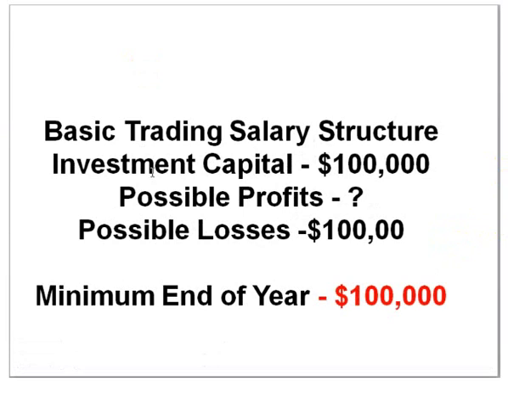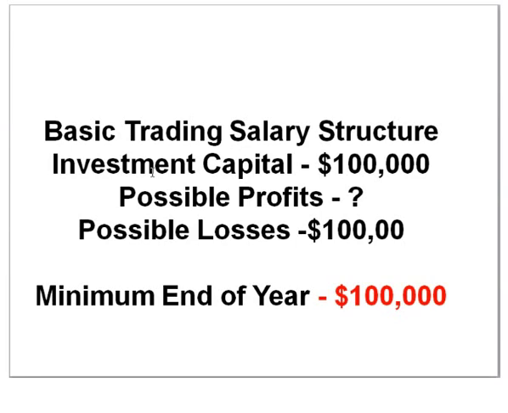You have to invest not only your hours and time, but you have to invest your own savings. So in a typical trading salary structure, we need to invest $100,000 of our savings. The possible profits, of course, are questionable. We don't know if we're going to make profits. But we do know that possible losses at maximum could accrue to $100,000.